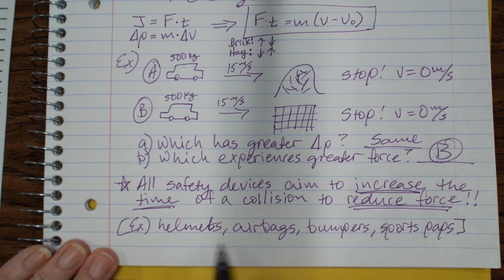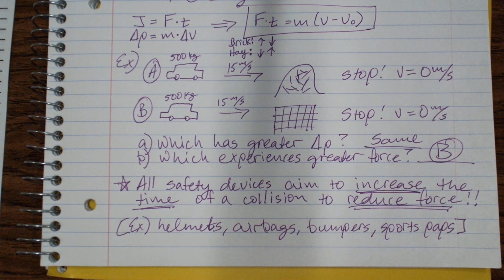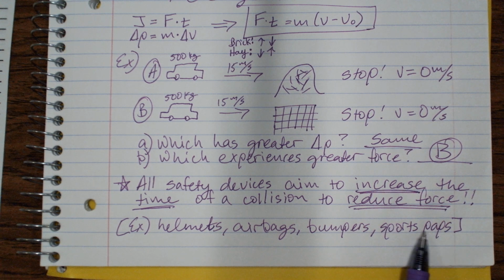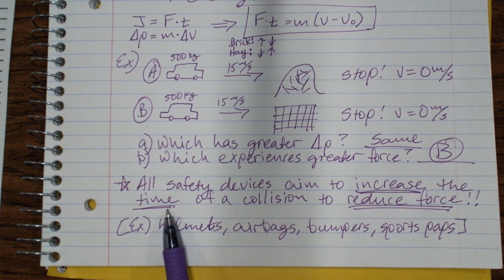Those aren't the only examples, but those are examples of things that are kind of squishy. And if they're kind of squishy, they increase the time of a collision and they reduce the force of that collision. Same change in momentum, whether you're stopping on a hard floor or landing on a squishy pad. But if you're landing on a squishy pad, it takes a lot longer to stop than it does when you just hit the floor.